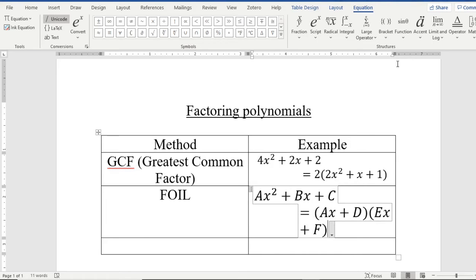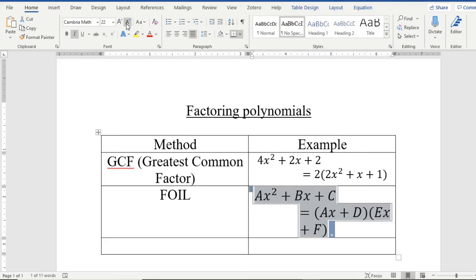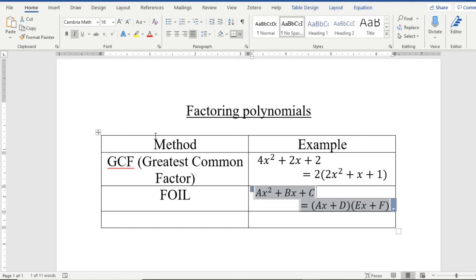I know I'm using letters for this one. I'm going to do numbers as well after I'm done with the table. That one will make more sense afterwards. FOIL is kind of the reverse of the distribution property, if that helps. But I will do an example for that one specifically in a minute.